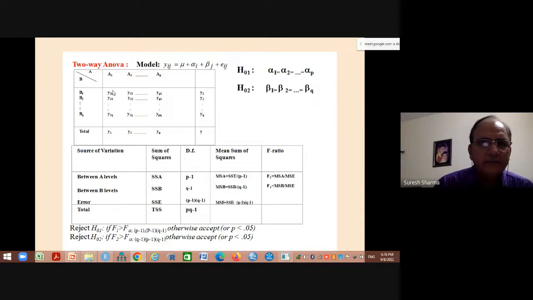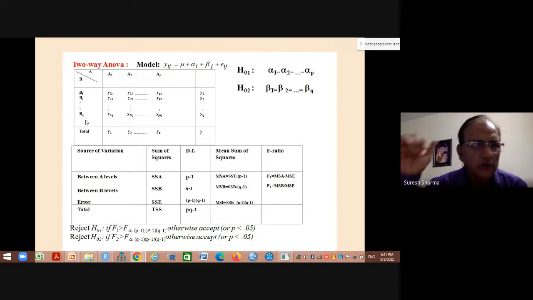For example, this field will get seed number 1, fertilizer number 1. This will get seed number 2, but the same fertilizer. So this is your outcome, Yij. Your outcome basically depends upon 2 factors: one is the type of seed used, another is the type of fertilizer used. Yes or no?